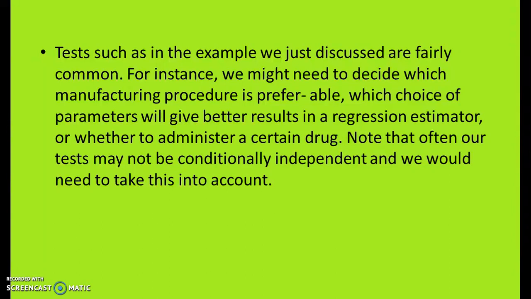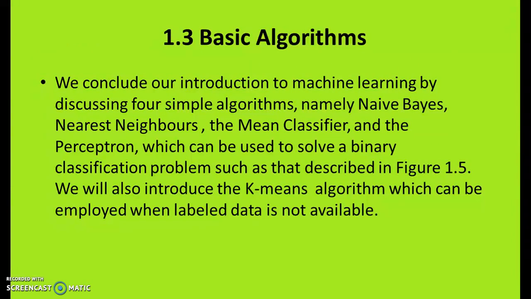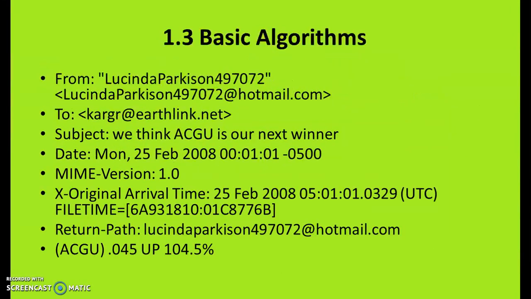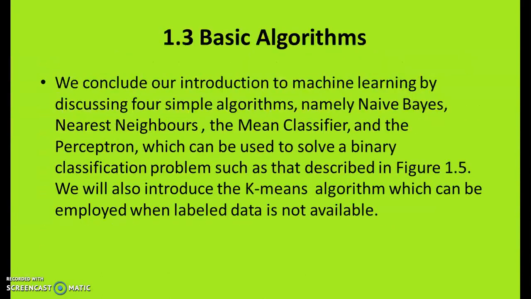Note that often our tests may not be conditionally independent, and we would need to take this into account. In certain situations, we have to take the previous test into consideration. Now, the basic algorithms we will be discussing in the coming session.